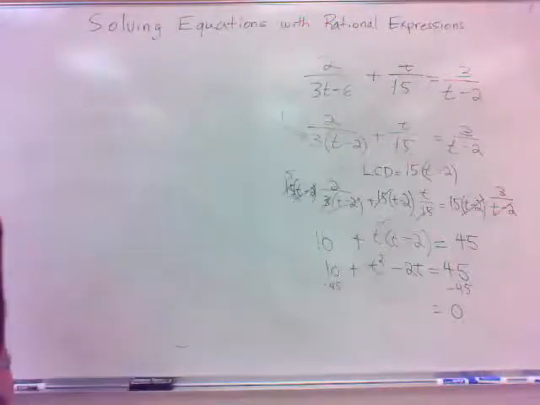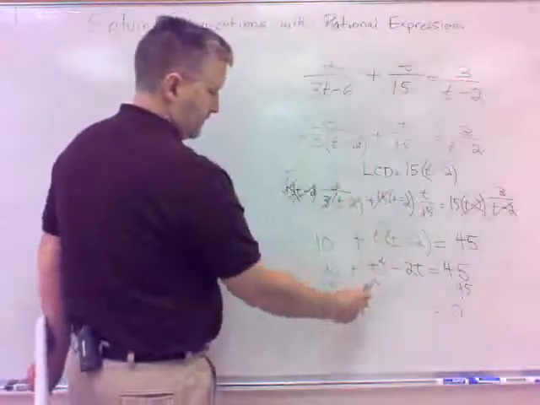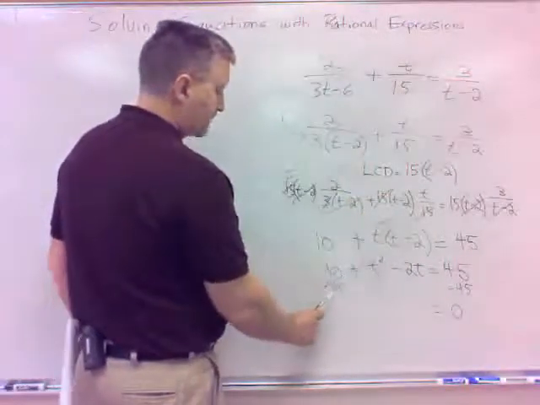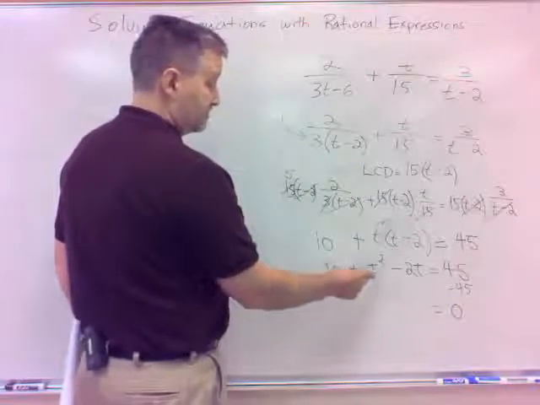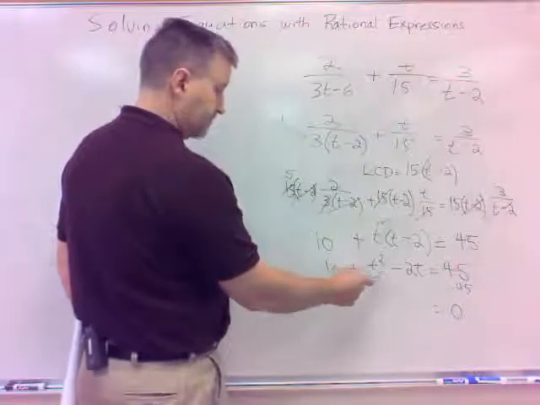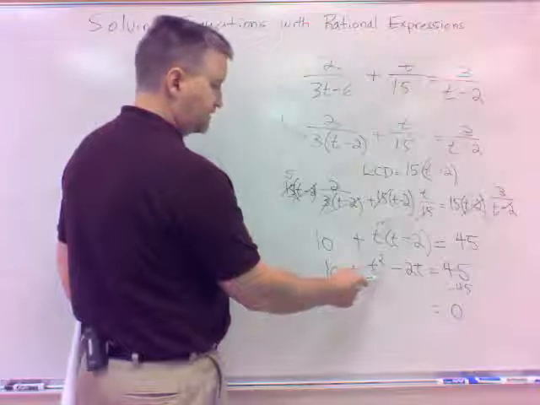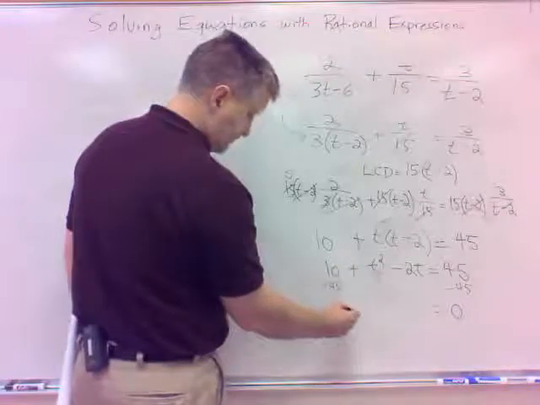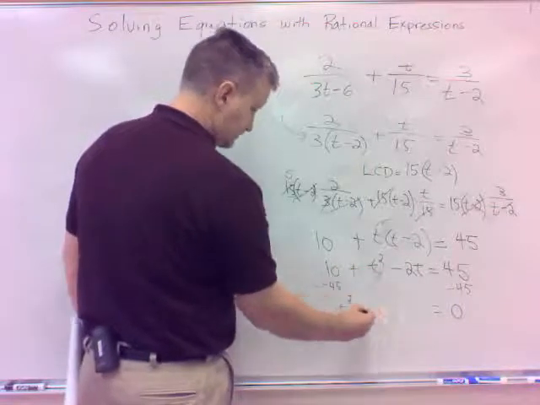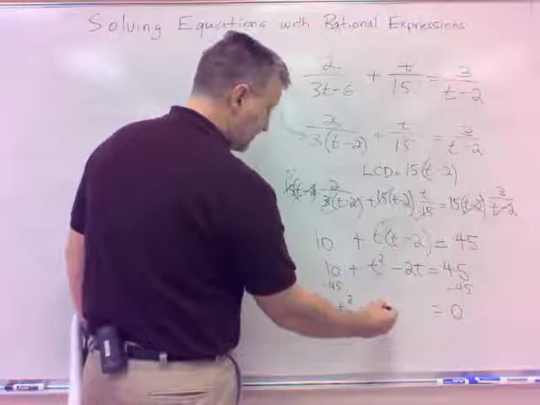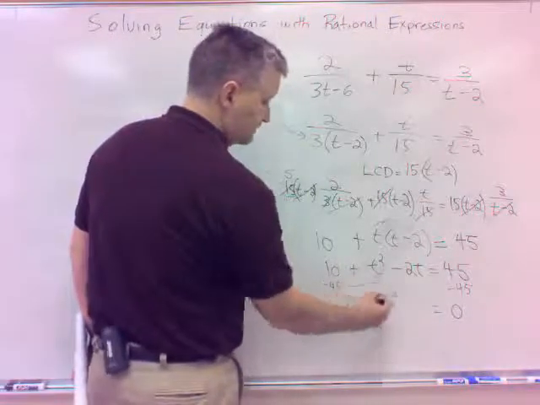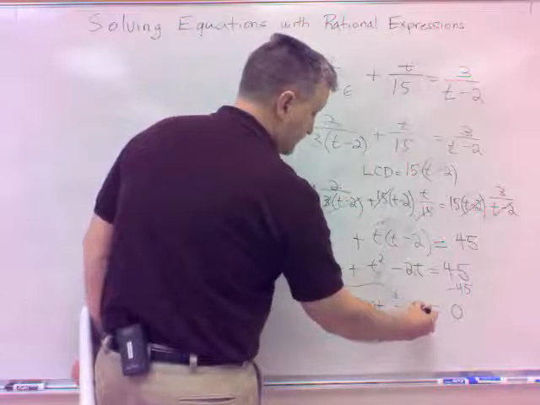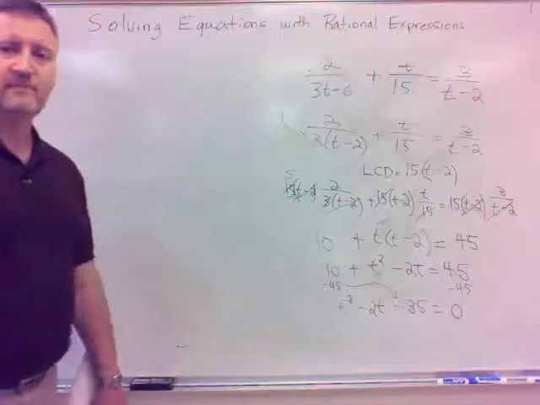I want them in order, starting off with the squared one, so I move the t squared up front, then the minus 2t, and then 10 minus 45, which is minus 35.